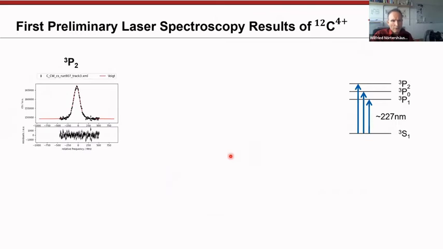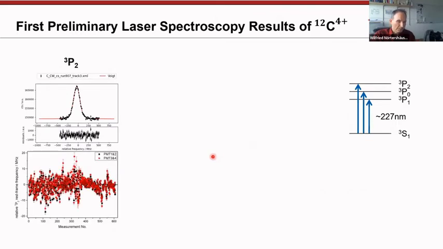Philip has measured in his thesis first the triplet P2 transition, of which one resonance is shown over here. He has done a lot of measurements with systematic variation of all possible parameters. And you see a scatter here of about plus minus 10 megahertz. But of course, this includes all the variations of the different parameters.